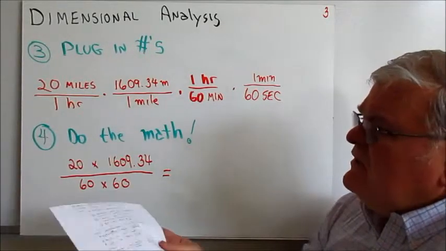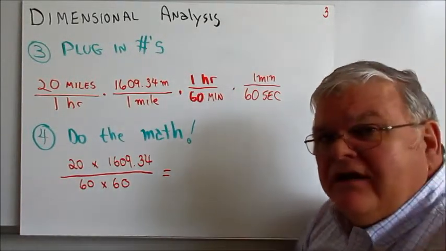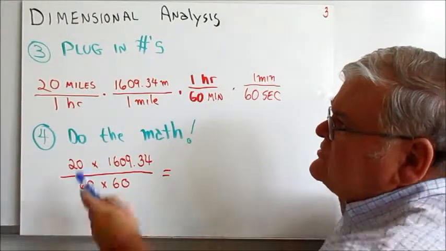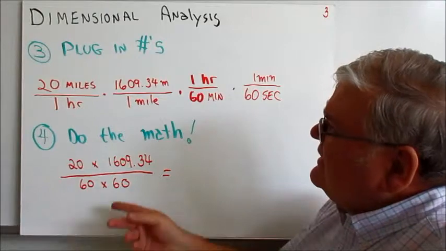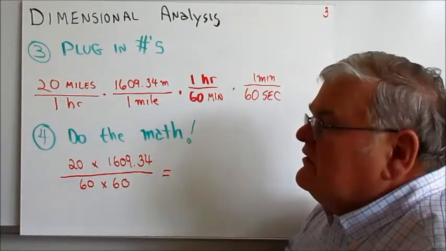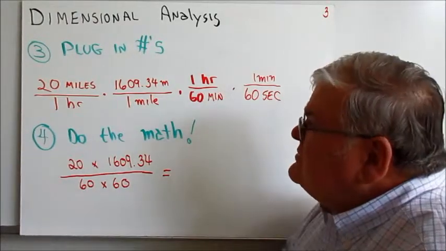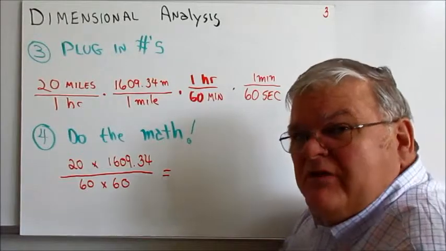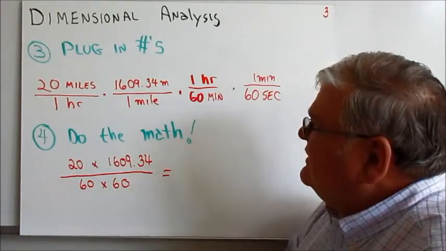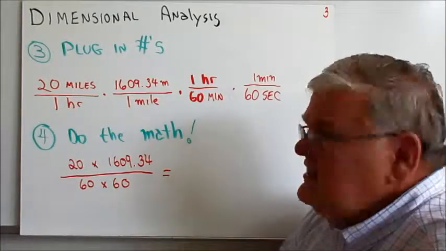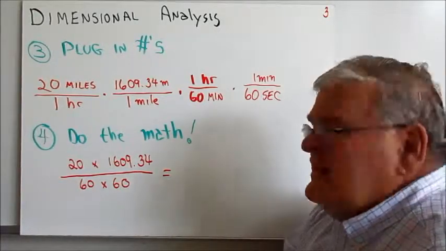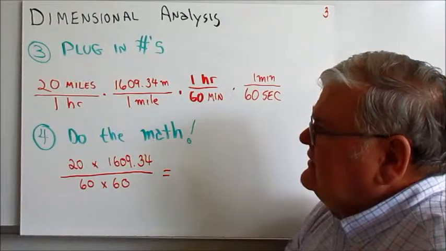Next step, we know that the equation works, so we have to plug in our numbers. So we had 20 miles in 1 hour. Multiply that times the conversion factor for meters to miles, 1609.34 in 1 mile. Then multiply that times 1 hour conversion into minutes, 60, and 1 minute into seconds, again, 60.